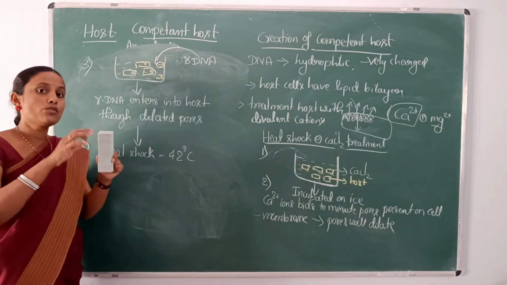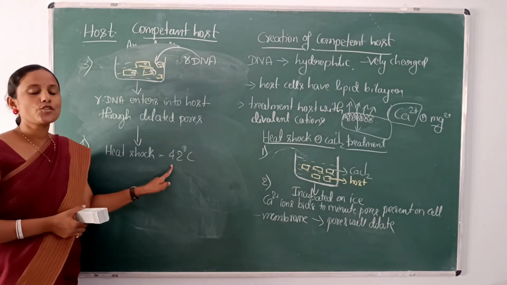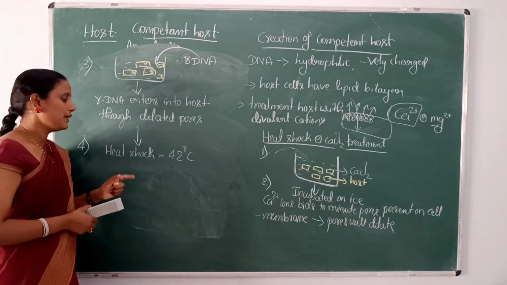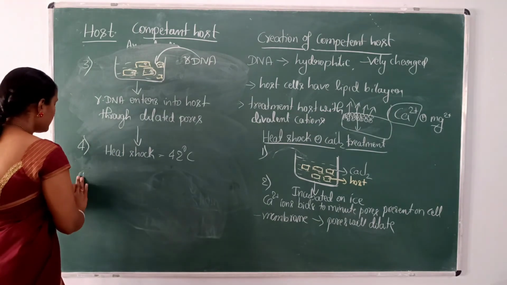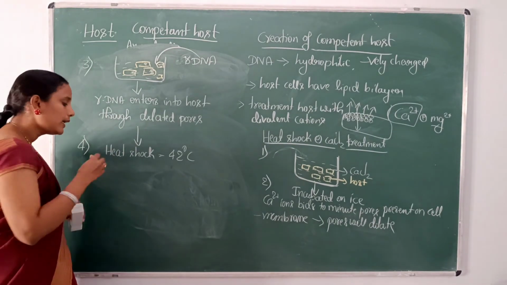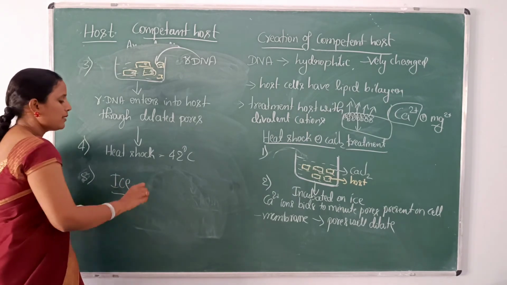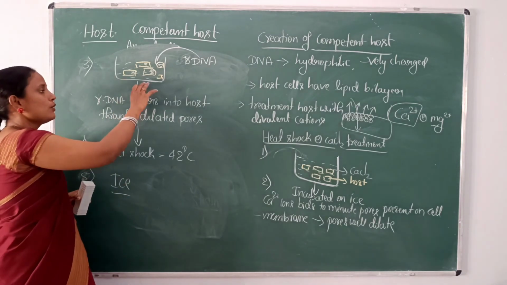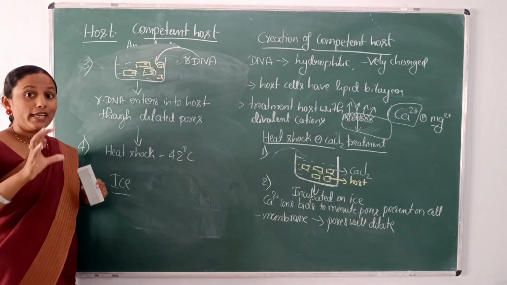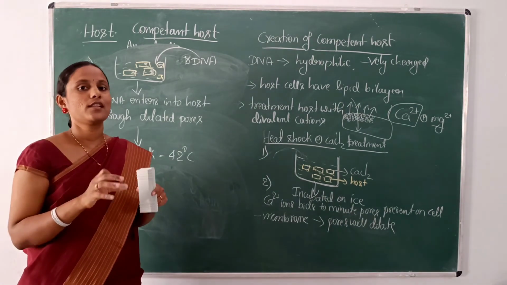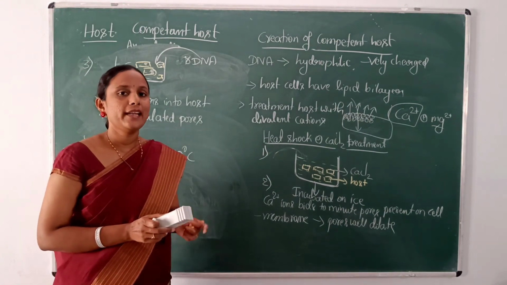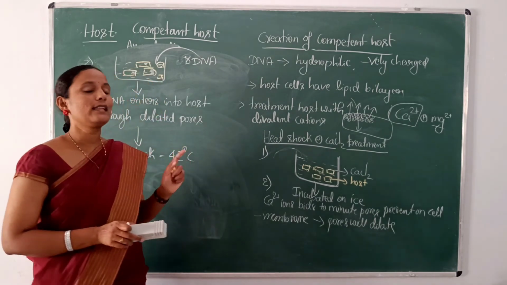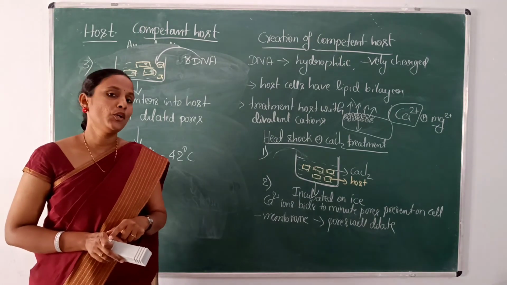Heat shock does not mean too high a temperature; it is 42 degrees Celsius. Later, the solution will be brought back to ice and incubated on ice again. This cold, hot, cold treatment will allow the integration of recombinant DNA into the host cell successfully. So this completes the preparation of the competent host.